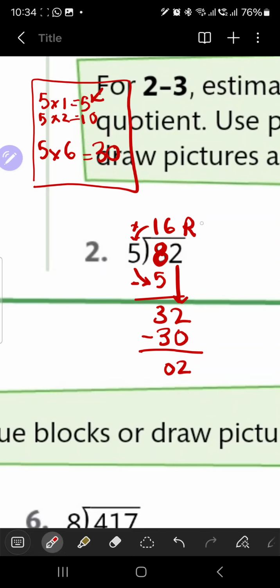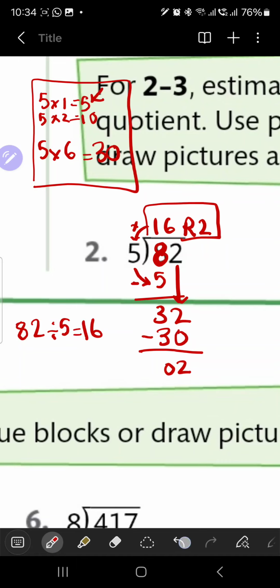That's why it will become a remainder 2. Leftover means. So the answer of my division is 16 remainder 2. And finally, if you want to write this like division, 82 divided by 5 equals 16.